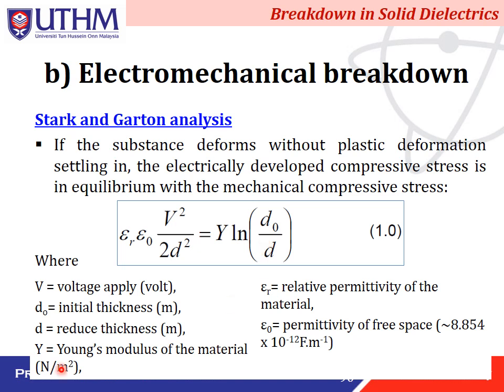For example, V is the voltage applied in volts, d0 is the initial thickness in meters, d is the reduced thickness in meters, and Y is the Young modulus of the material given in newton per meter square. Epsilon R and epsilon naught are the relative permittivity and the permittivity of space. So, when the question gives d0 in centimeters, you need to convert it to meters.